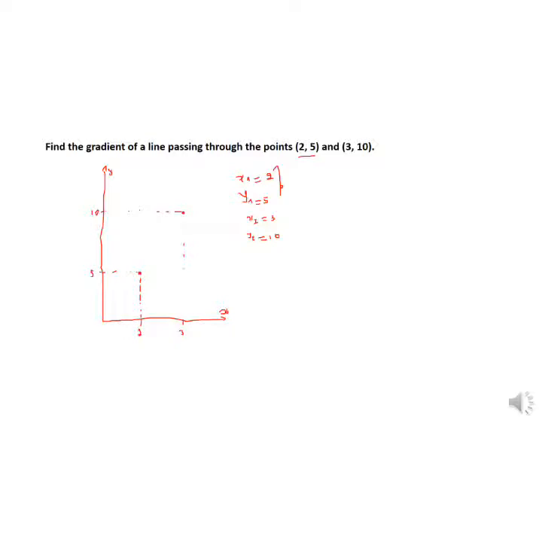Okay, so now we can join these points. And now we are asked to find the slope. So for finding the slope, we have to draw a triangle like this.